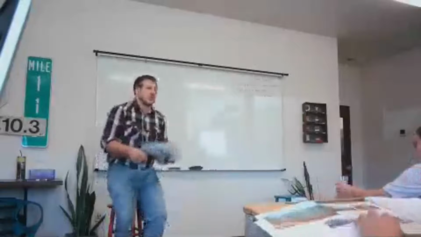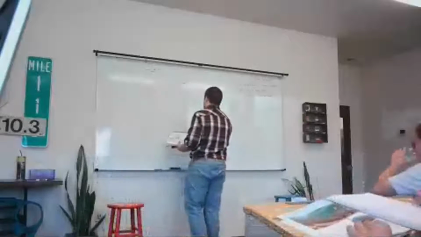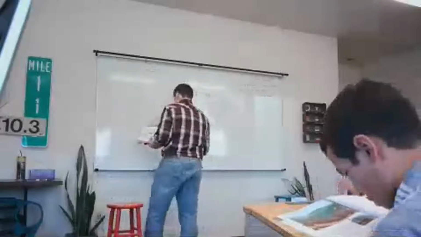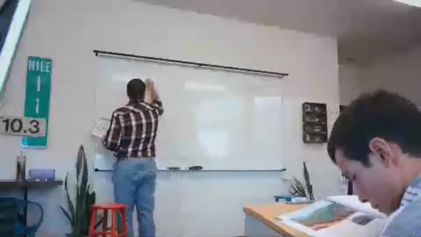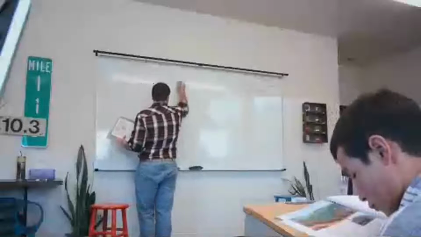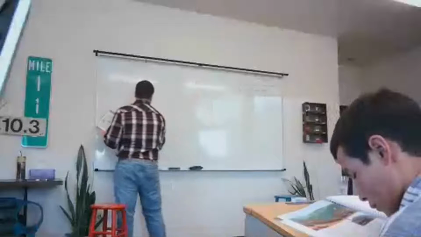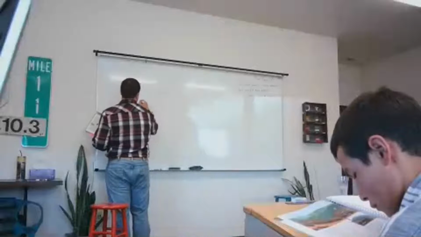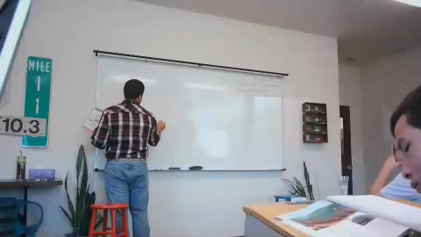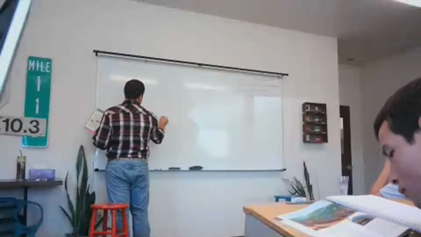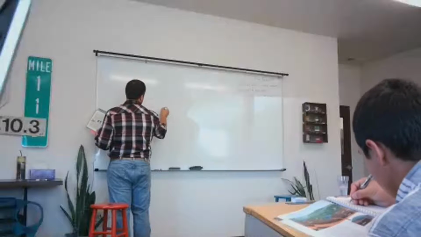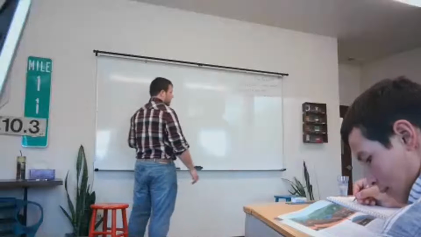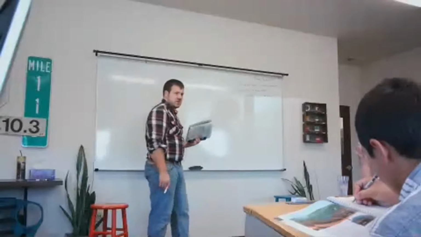Alternate is one leaf from each node. Basically, from a practical standpoint, on the stem, alternate is like this. You get leaf, leaf, leaf, leaf. Opposite is like this. What about whorl? It's three.